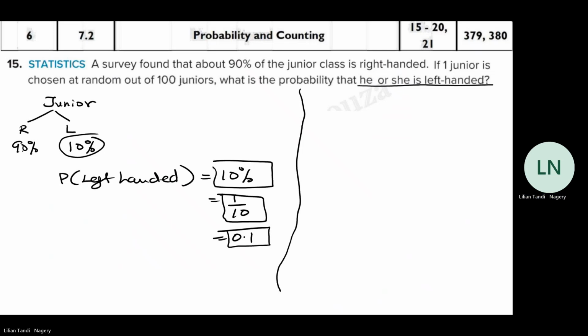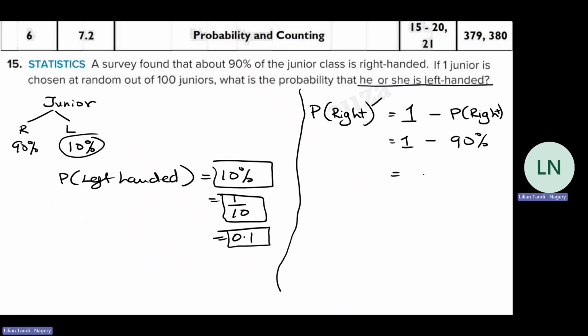This is probability of right complement. Probability of right complement. So meaning 1 minus probability of right. Which is 1 minus 90%, which is 100% minus 90%, which is 10% or 1/10.